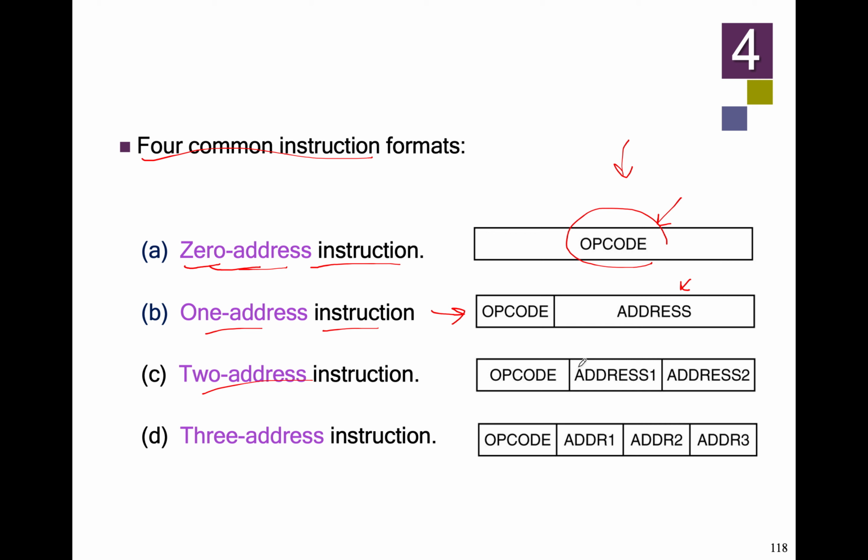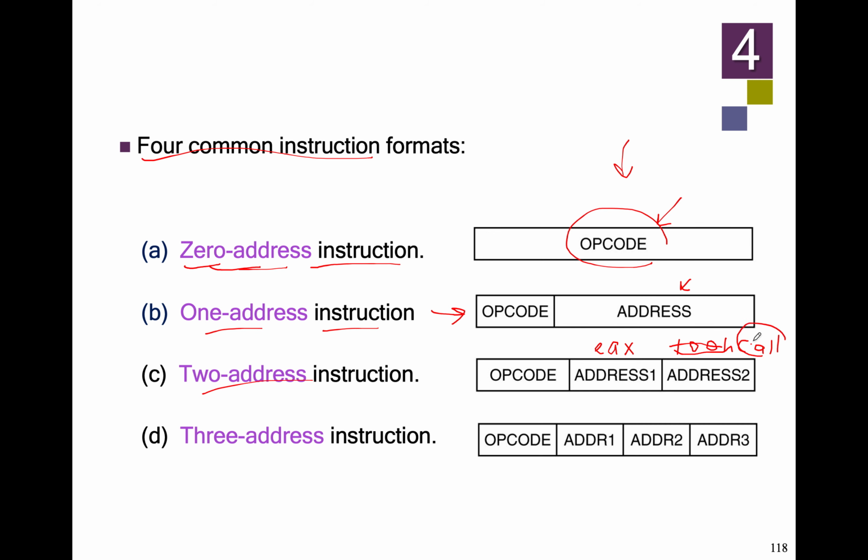If you have a 2 address instruction, normally you have 2 operands in your code. Let's say this one is your EAX, your register, and for your second operand, address 2, maybe you can have 100 in hexadecimal, or you can just put in a value directly.